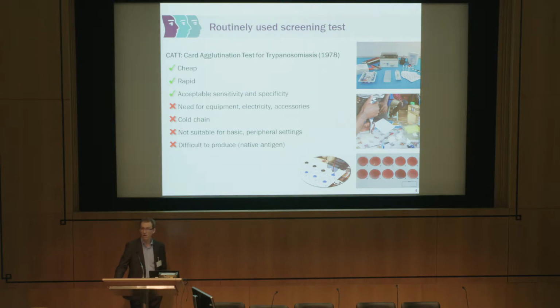However, it also has a number of challenges, which are essentially operational challenges, such as the need for equipment, electricity, accessories, the need for a cold chain, and therefore it's not really an optimal test when we are thinking about the most peripheral and remote settings where this disease is found. And in addition, there is also a challenge regarding its production, since it's necessary to produce a native antigen which is obtained through infections of rodents.